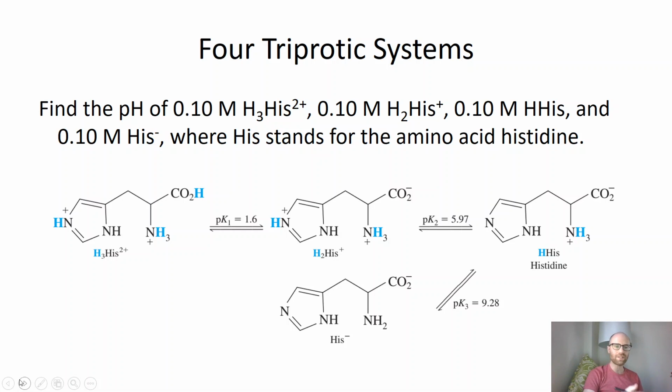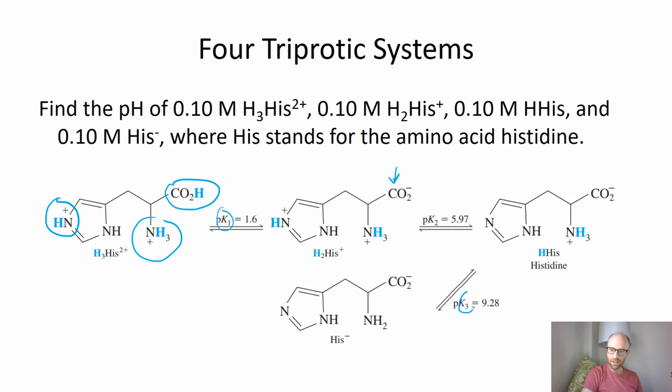So what we have here is the amino acid histidine, which, similar to what we saw with leucine, obviously has the amine group and the acid group, but in this case the side chain actually has some acid-base properties of its own. But we can see that this K1 here corresponds to losing the acid H+.